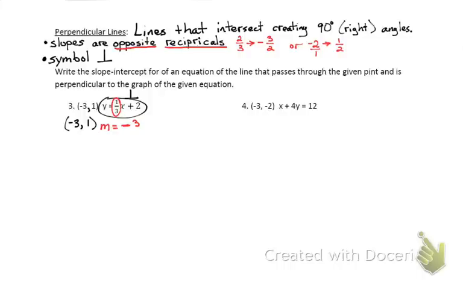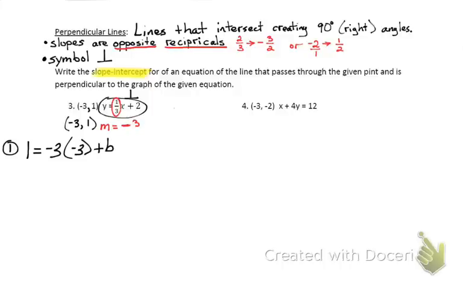So now, again, you'll go through the process of putting it in slope-intercept form, because that's what they're asking for. Again, this can be done two different ways. I'll show both once again. The first way would be to solve for b. So you're going to plug in y, which is 1, equals m, which is -3, times x, which is -3, plus b.